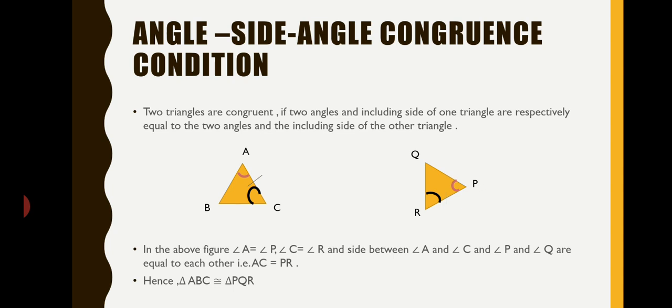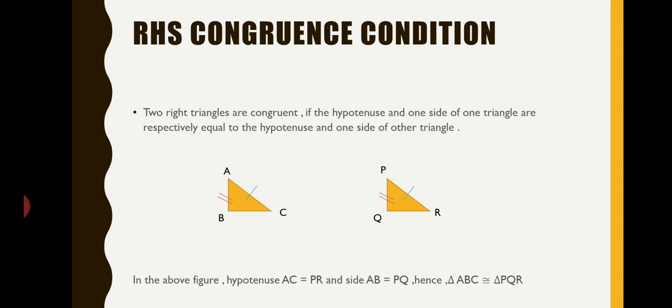I hope you understand this one. Now the last one is the RHS congruency condition. Whenever two triangles are right angle triangles, which form a 90-degree angle, the two triangles are congruent by RHS.